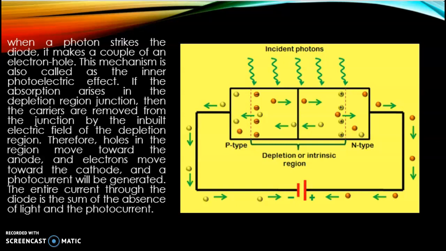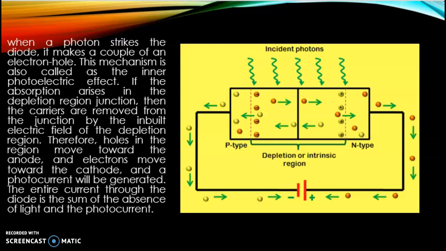These photo-generated electrons and holes drift in opposite directions due to the reverse bias and are collected at the terminals to give rise to a photocurrent whose magnitude depends on the quantum efficiency.